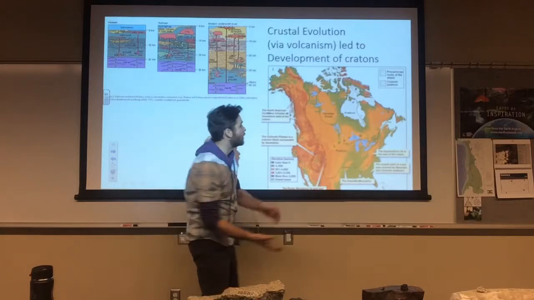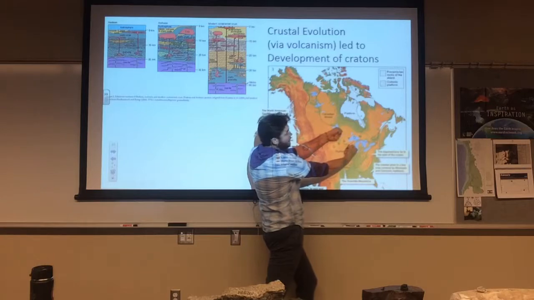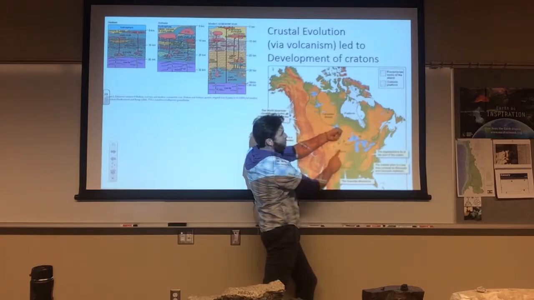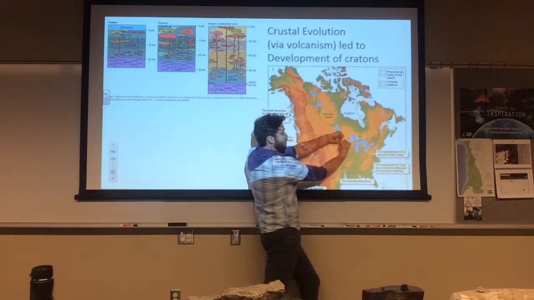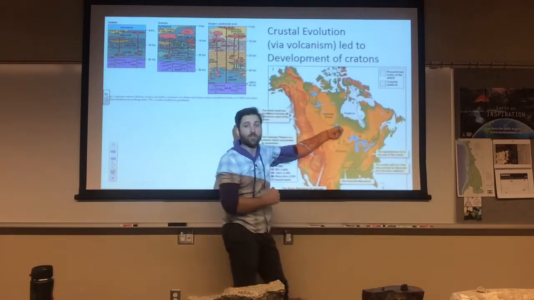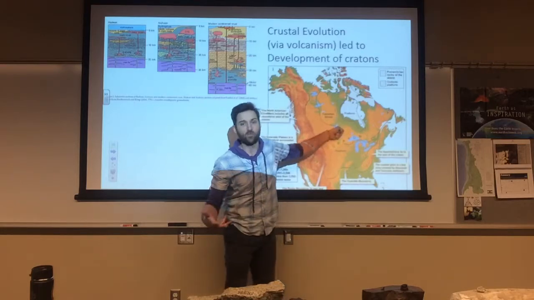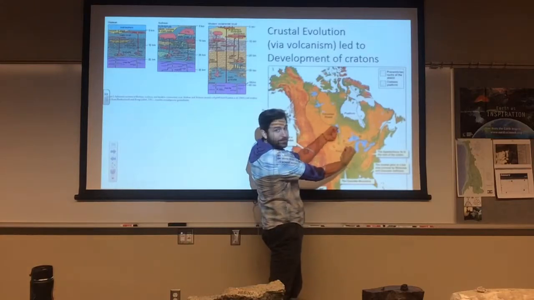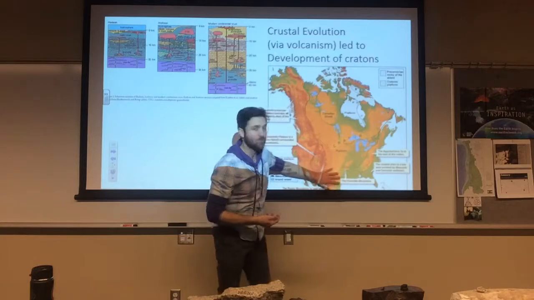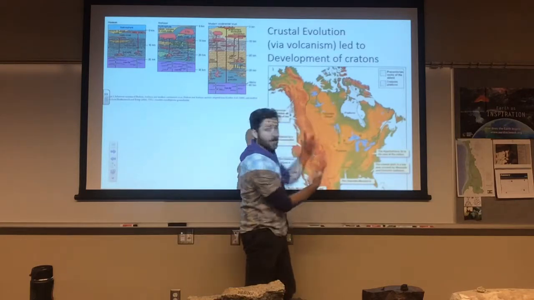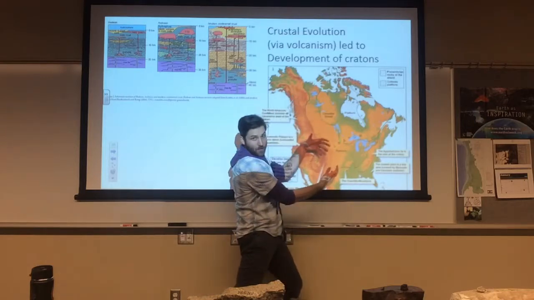There was one episode where the craton was starting to pull apart right here, and that actually made what's called the mid-continental rift, and that's part of how Lake Superior got there. That's Lake Superior's origin story, but that was a failed rift. So it deformed a little bit, but then it got smashed back together by the Grenville orogeny, a mountain building event that was building a supercontinent.